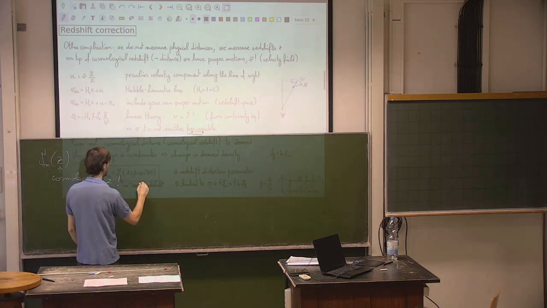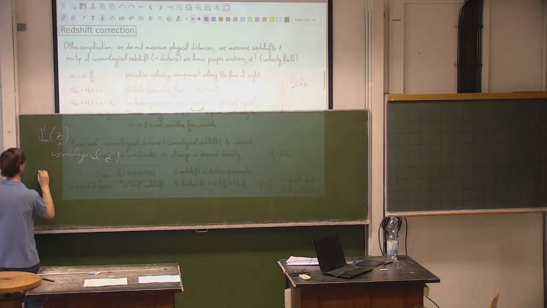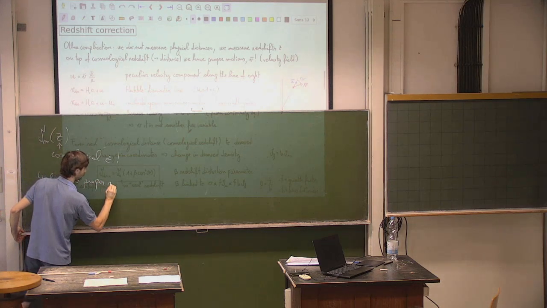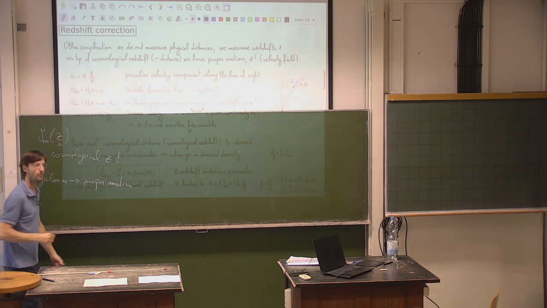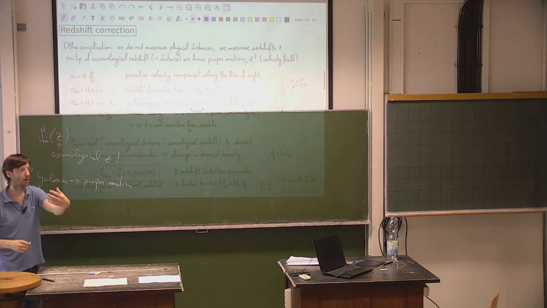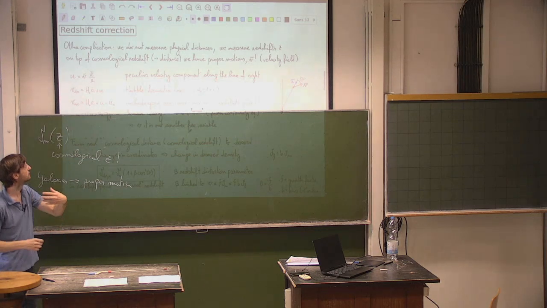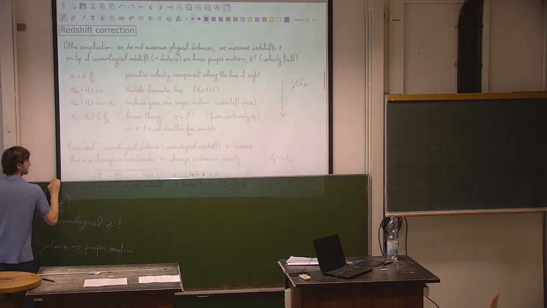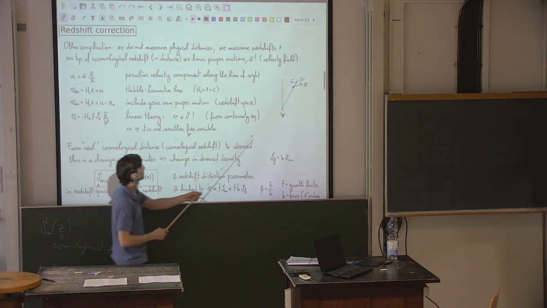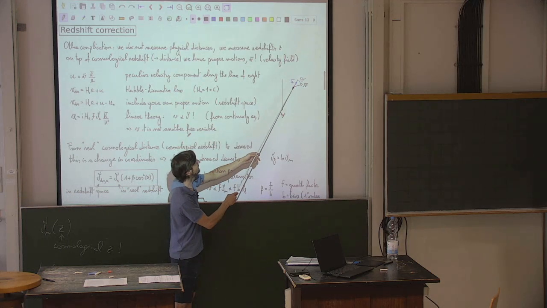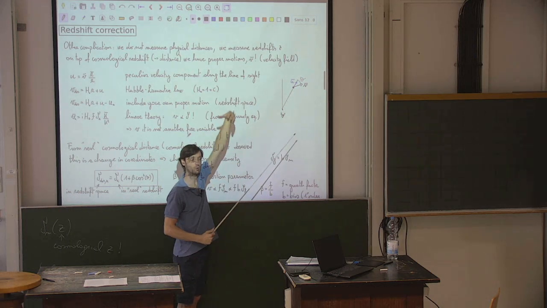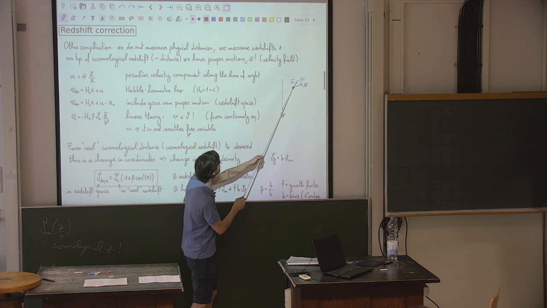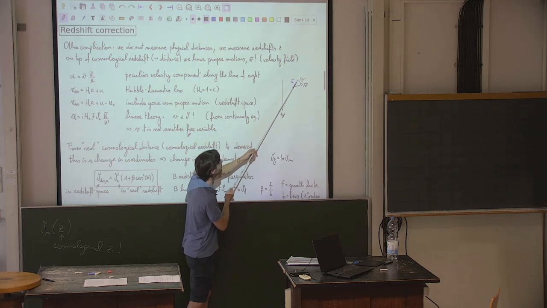Galaxies do have a proper motion. And therefore, there is a redshift contribution coming from the motion along the line of sight. That you can see. We have the observer, we have a galaxy here, which is moving with the bulk flow of the expansion. That's our cosmological term. But there is the contribution along the line of sight of its proper motion.